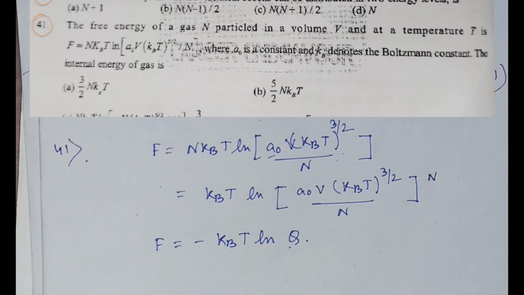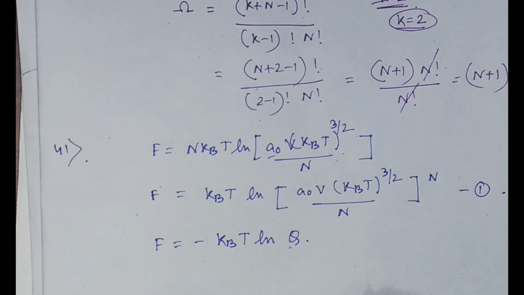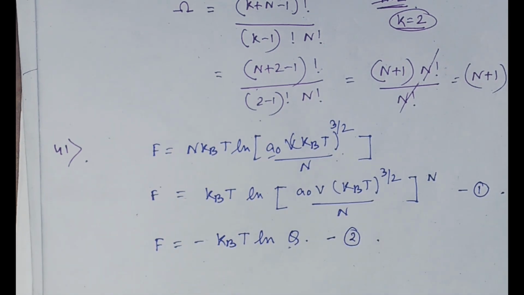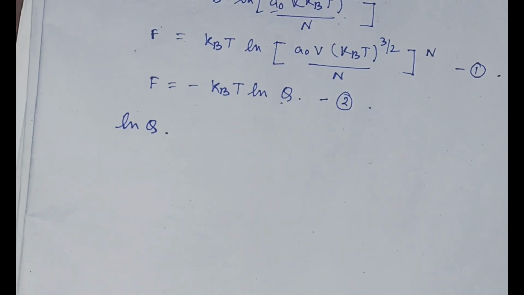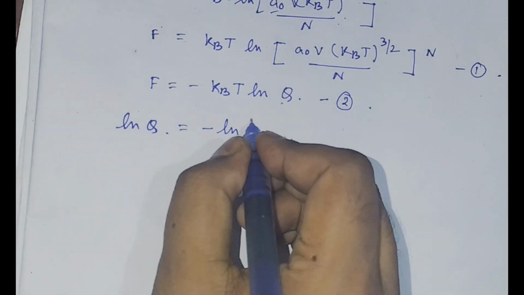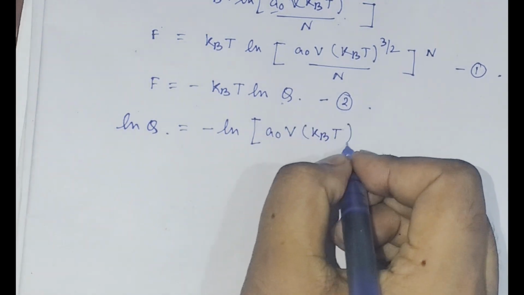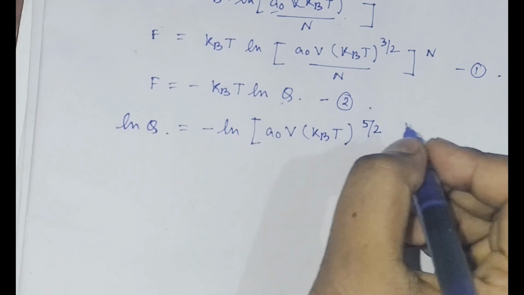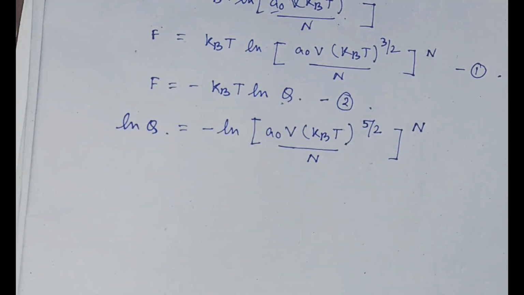So if I write this as equation number 1 and this as equation number 2, and compare both equations, then you will get ln Q equal to minus ln of (A0 V (kBT) to the power 3 by 2 by n), times n.